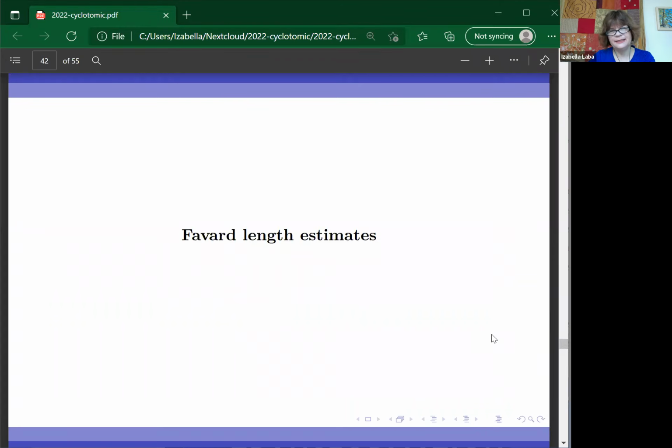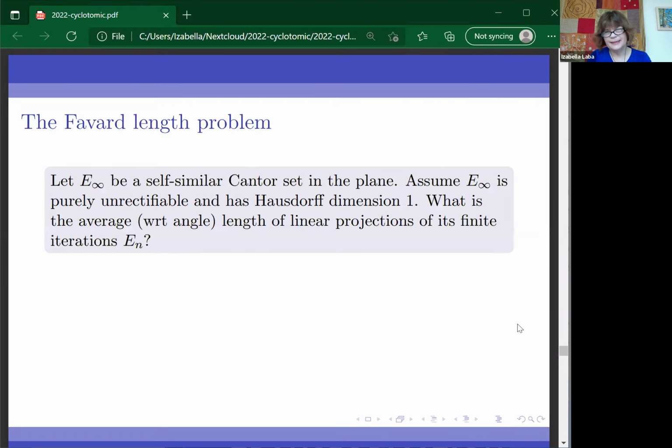now I'm going to talk about a problem from harmonic analysis and geometric measure theory, which is what actually led me to the vanishing sums of roots of unity. So we start with something that at first sight might not look related, and that's the Favard length problem, which is as follows.